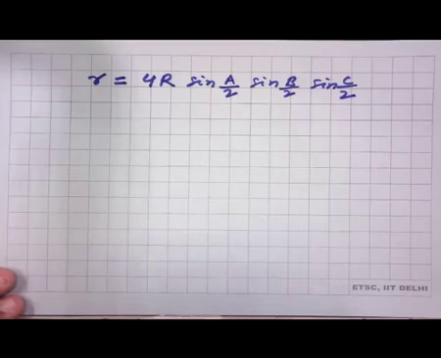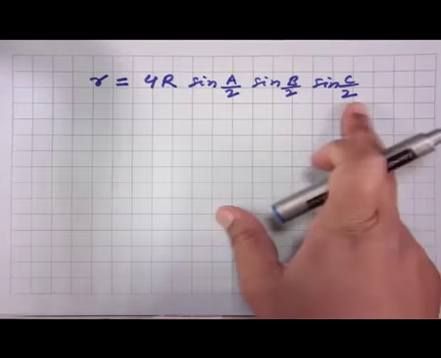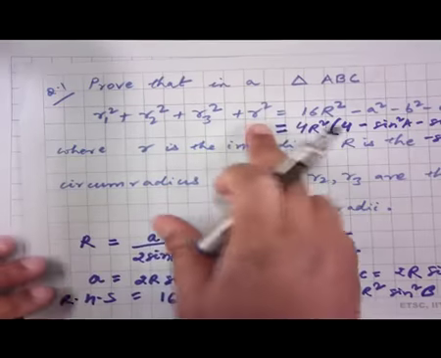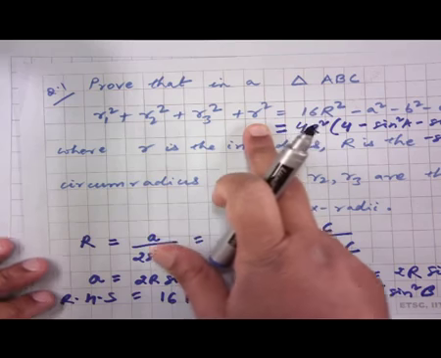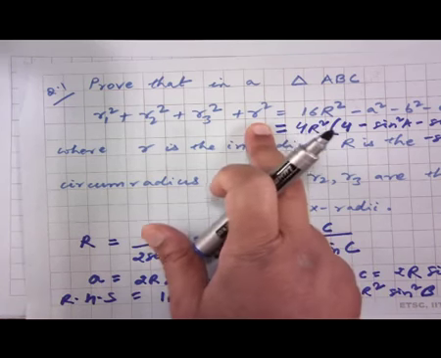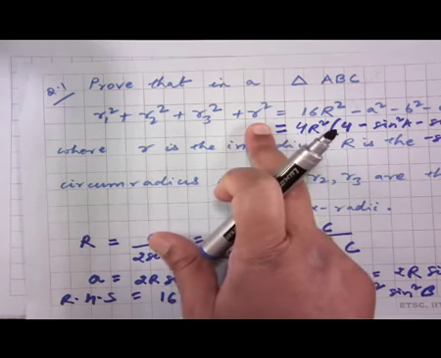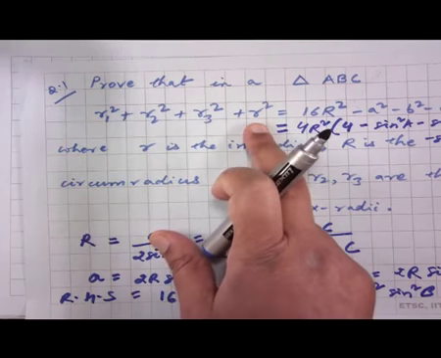So, this identity is known to us. If we use this expression here, then we will get 16 R square times sine square A by 2, sine square B by 2 and sine square C by 2. So, we will get R square like that.